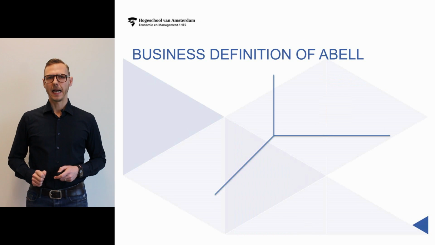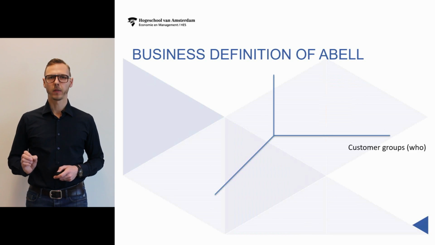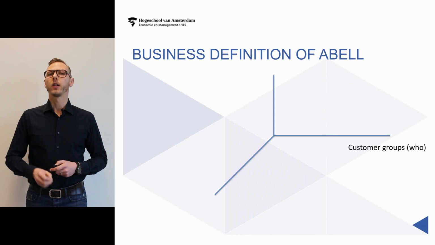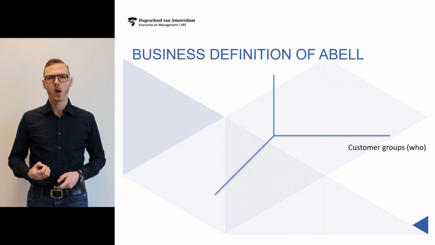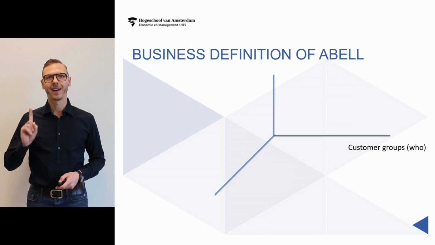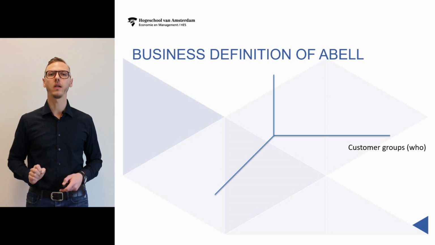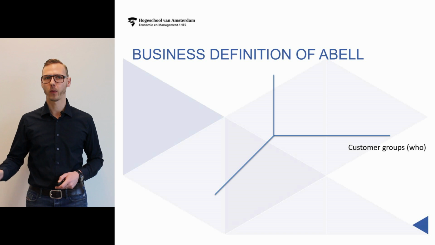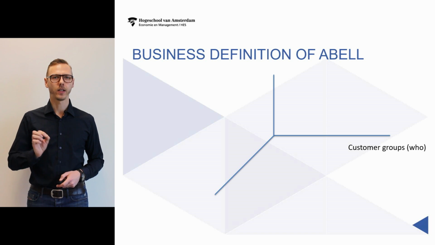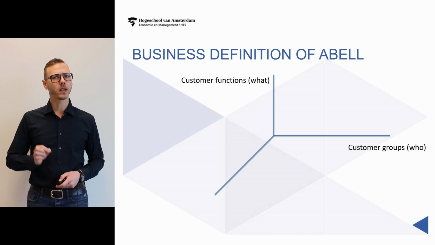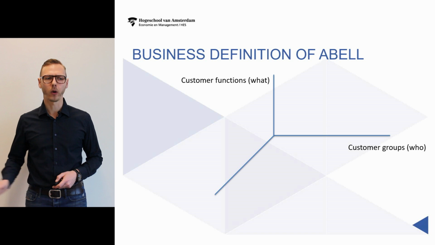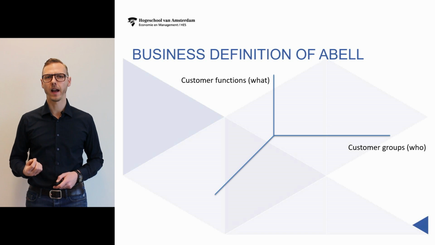The model looks like this. You have three axes. The first axis is the customer axis. This is the customer group. So who is buying your kind of product? Not essentially your product only, but your kind of product. The second axis is what benefits they are searching for, or what needs they have.